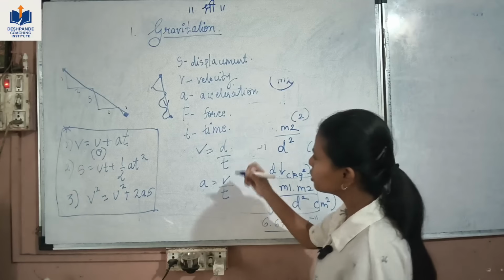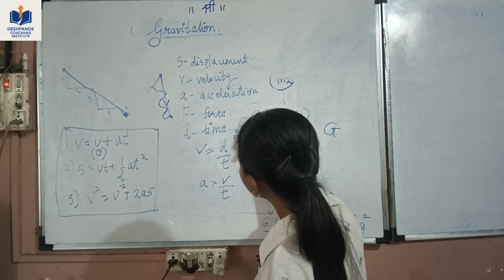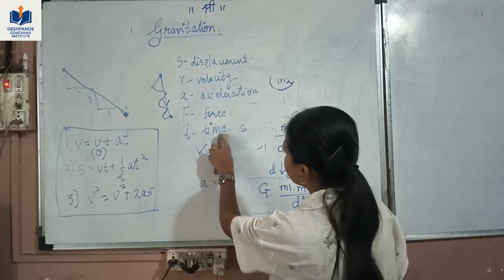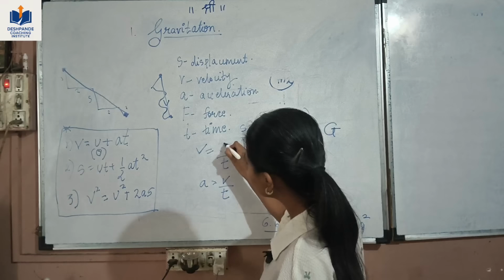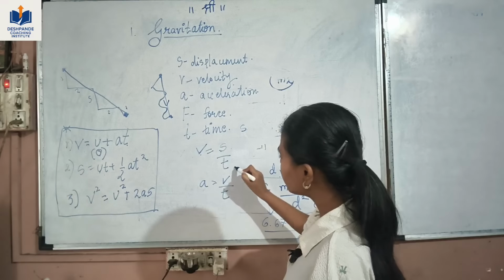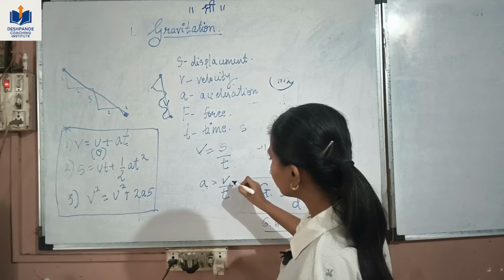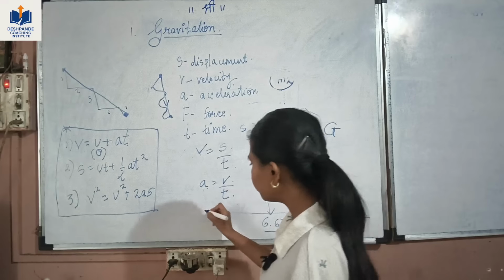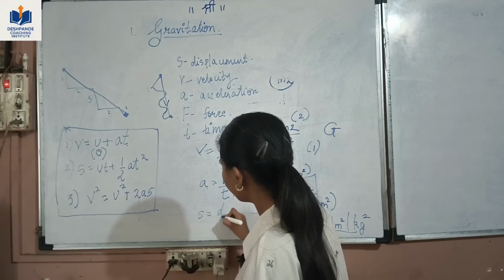So first, displacement is denoted by s. Velocity is displacement upon time, acceleration is velocity upon time, and speed is distance upon time.